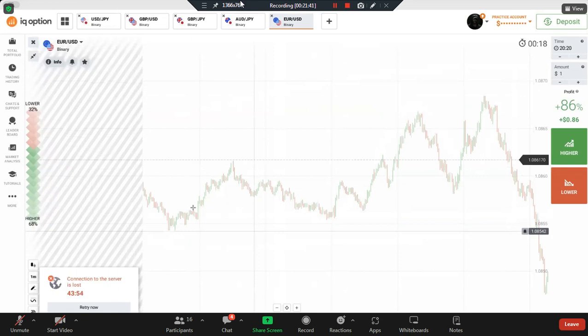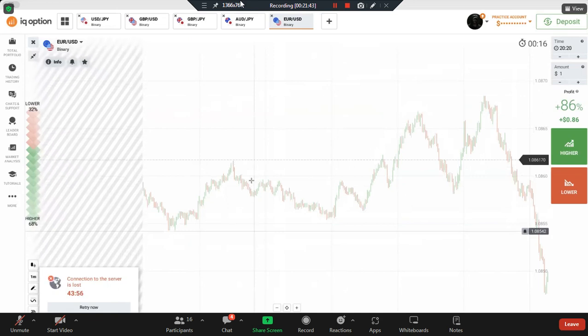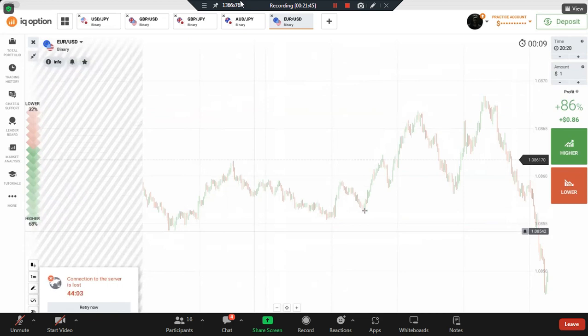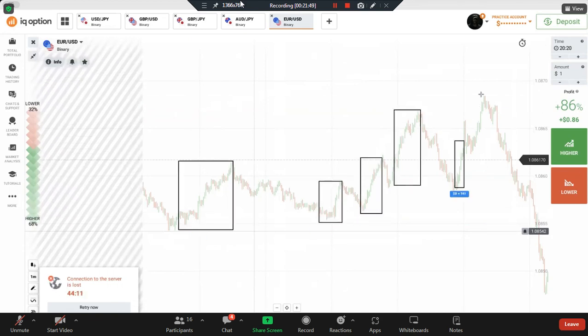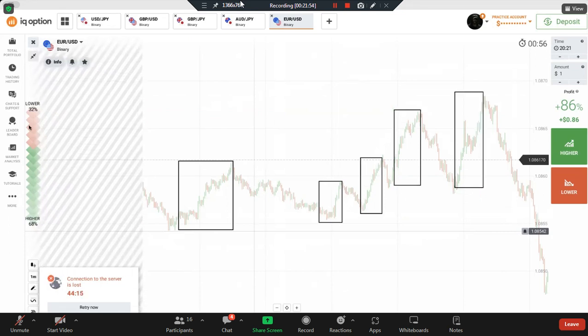In this example, the major trend is up, right? All of these minor uptrends are our golden zone. So if we trade in this zone, the chance that we win is very high for us.